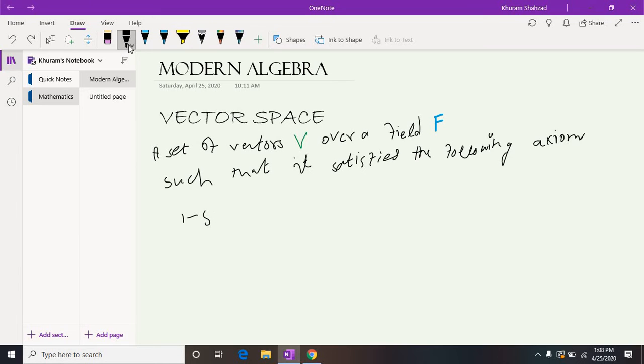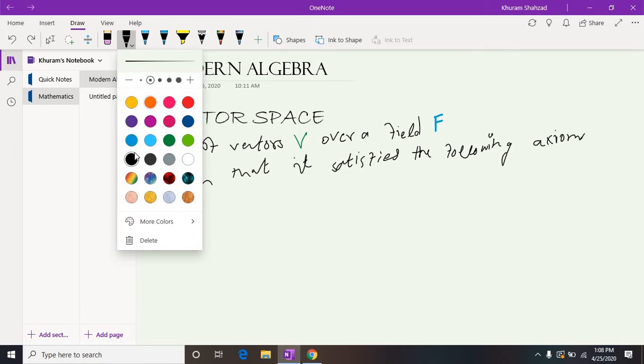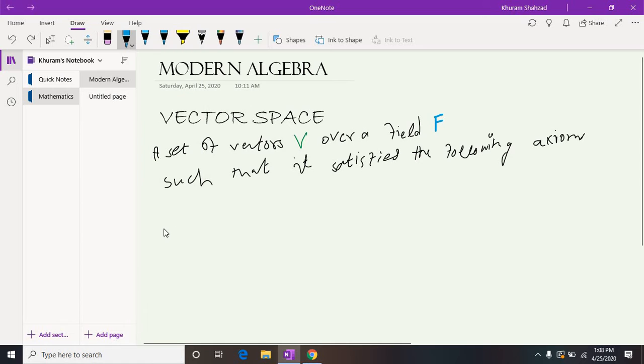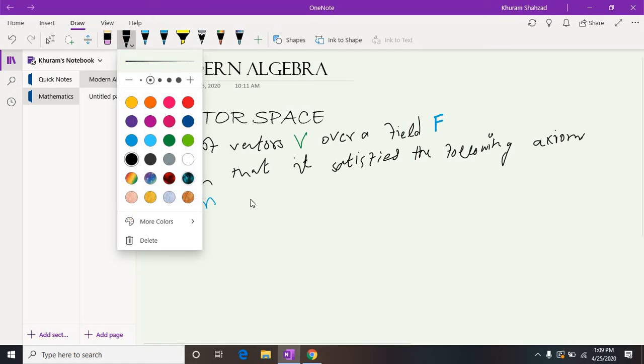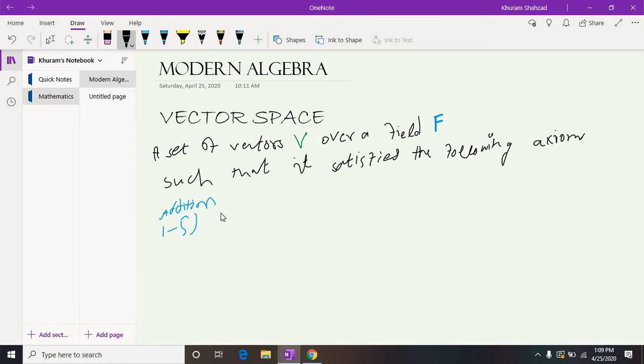Okay, let's do it a little bit different. So here from 1 to 5 are about addition, and they say that your V, the set V, must be an abelian group.